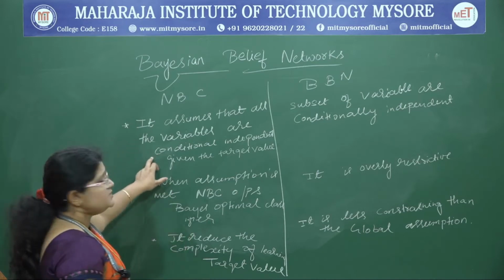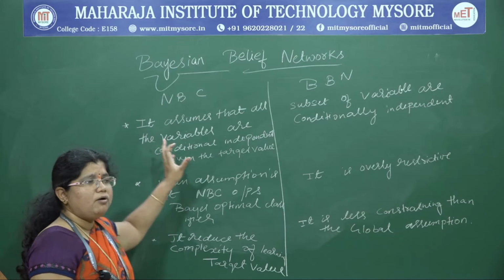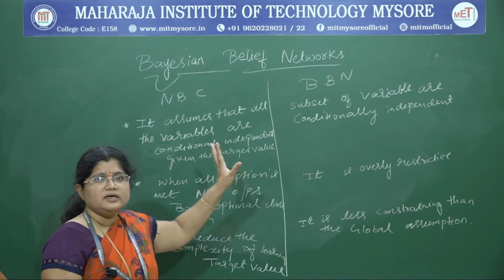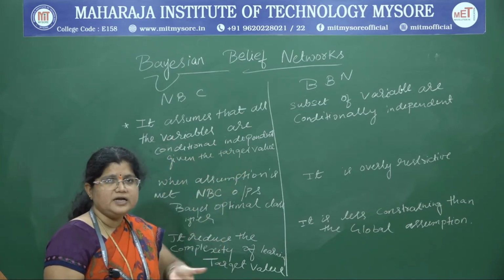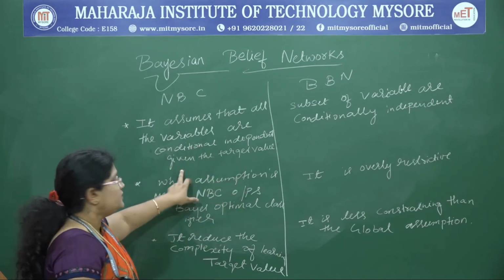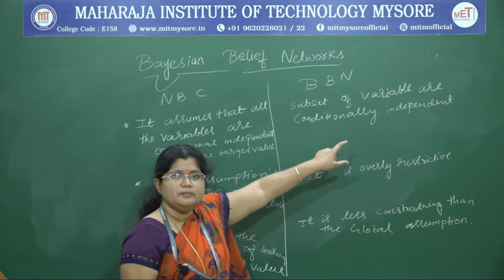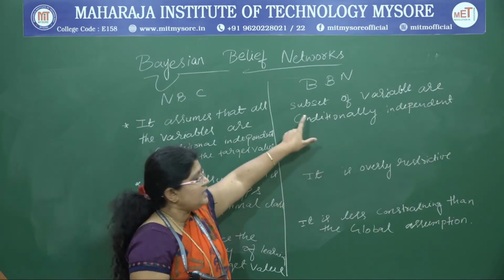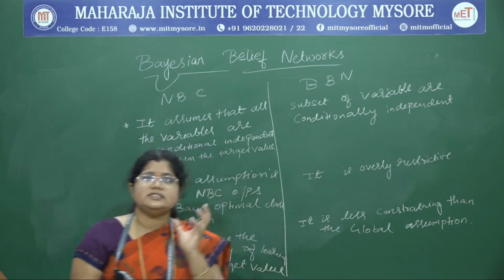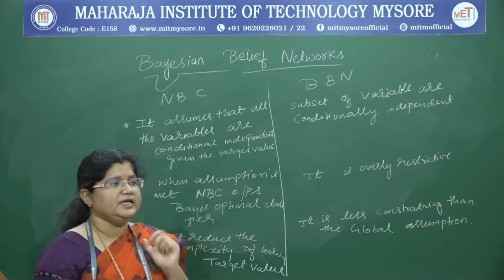But the Naive-Bayes classifier assumes that all the attribute values are conditionally independent for the given target value. In a Bayesian belief network, only a subset of attribute values are assumed to be conditionally independent.